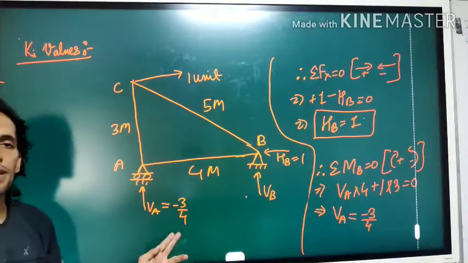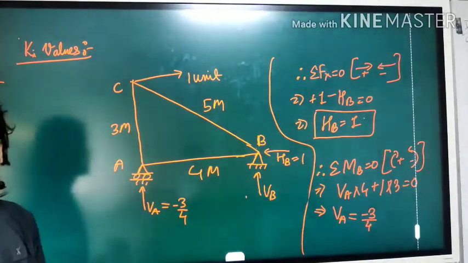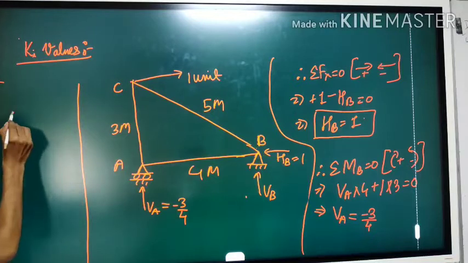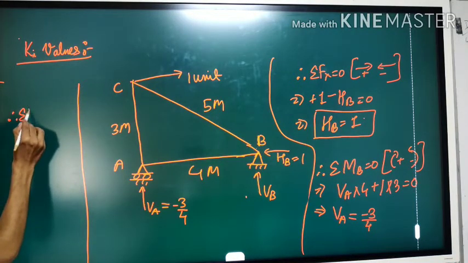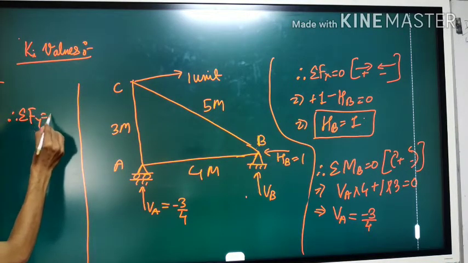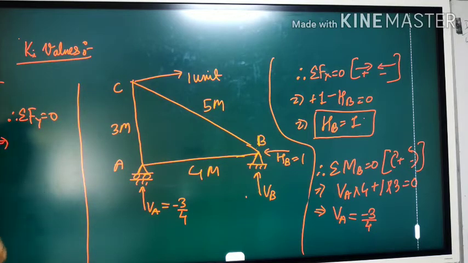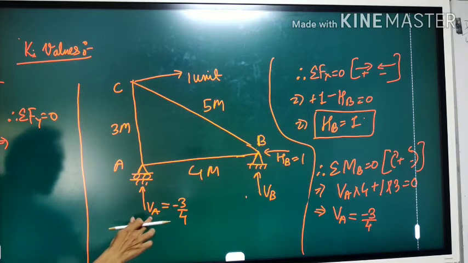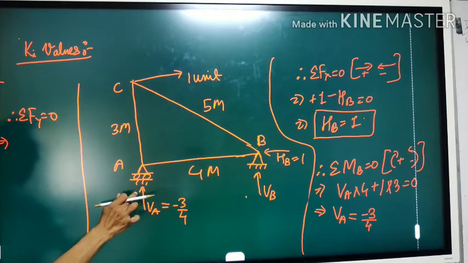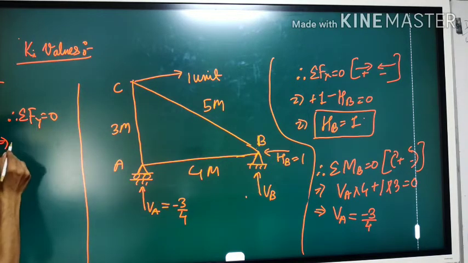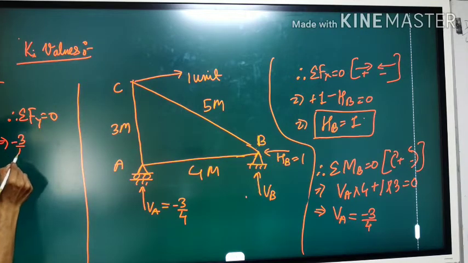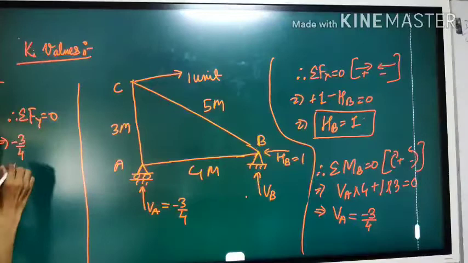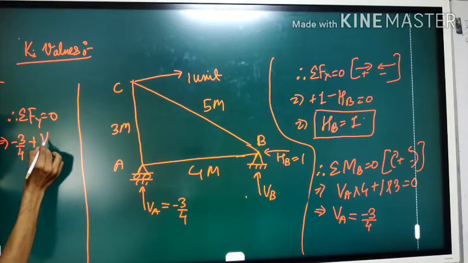Now I need to calculate the value of VB. So I am using this equation: summation of forces in the vertical direction is 0, upward positive, downward negative. What is the force? VA. What is the direction? Upward. So I have to use minus sign, minus 3 by 4. What else is there? VB. What is the direction? Upward. So VB.